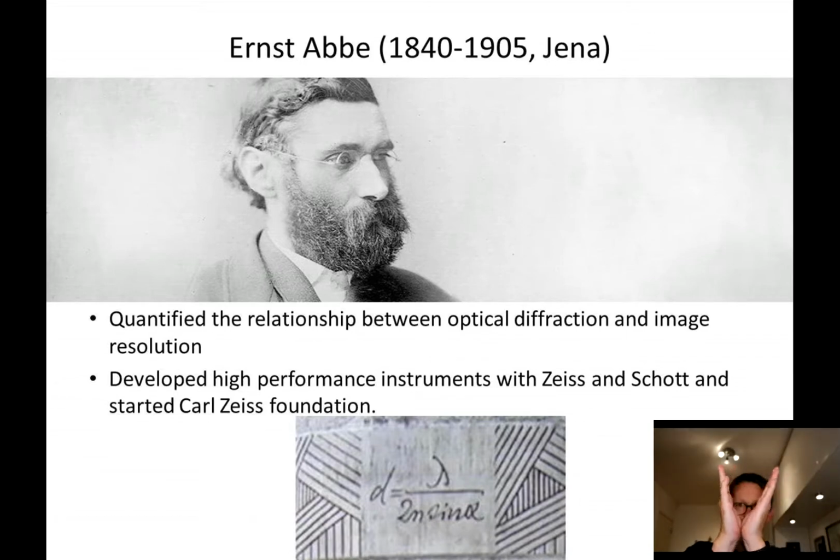So the larger this angle alpha, the capture angle of the light that goes into the objective, the better the resolution, because the smaller d becomes, and the smaller the feature sizes are that you can resolve. For those who have worked with microscopes, they will recognize that this denominator, n sine alpha, is also called the numerical aperture of the objective lens.